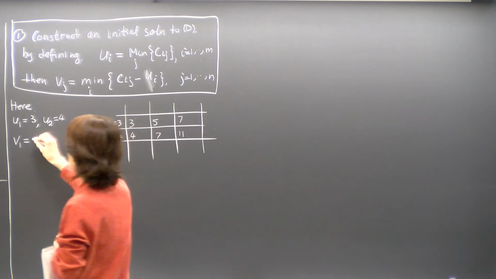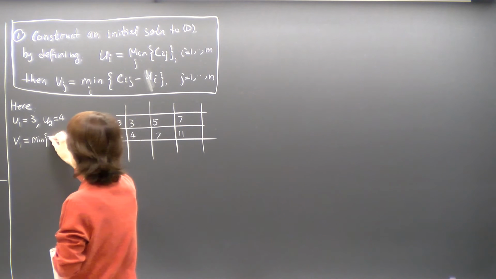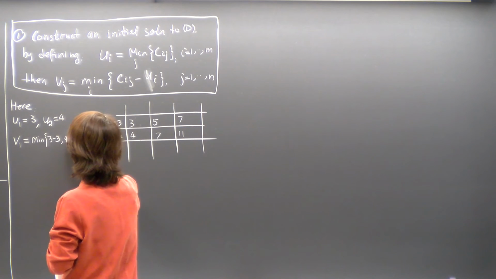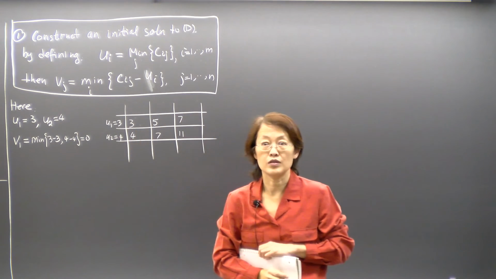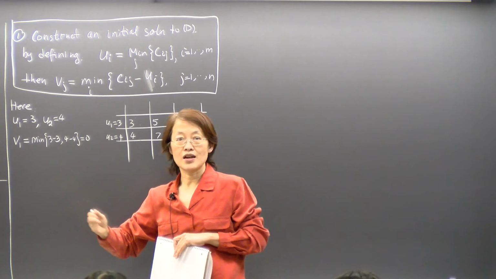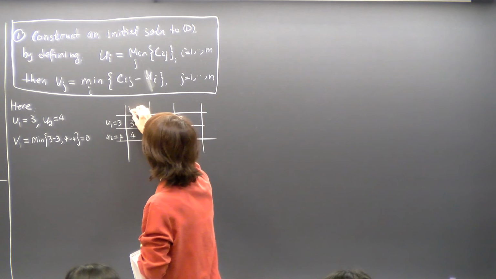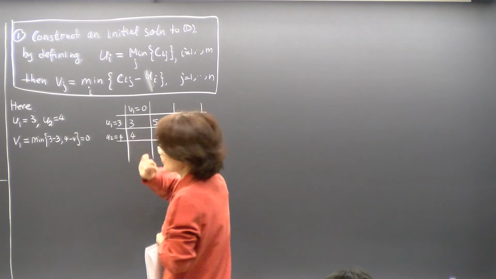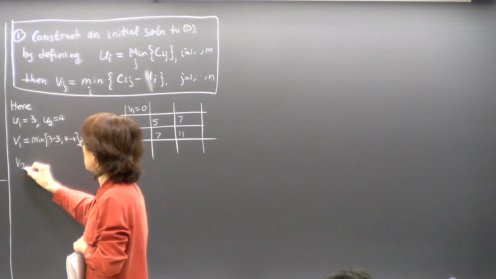So this for v1 will be the minimum of 3 minus 3 and 4 minus 4, which will be 0. It takes longer time to write this out. You could see it right away. Is that right? So v1 here is 0. So what will be v2? Would you see it quickly?